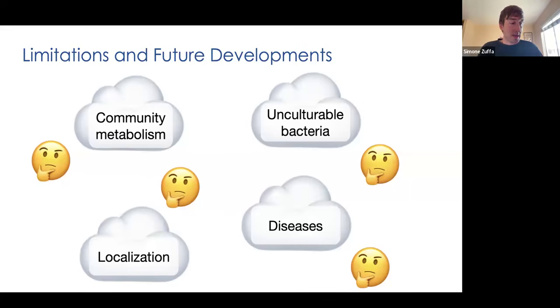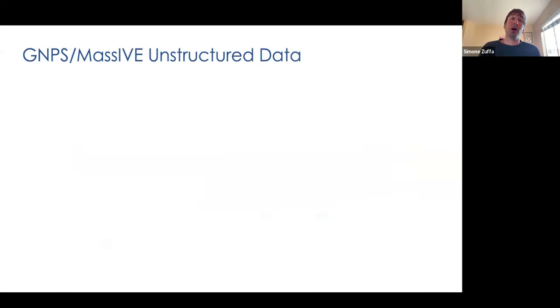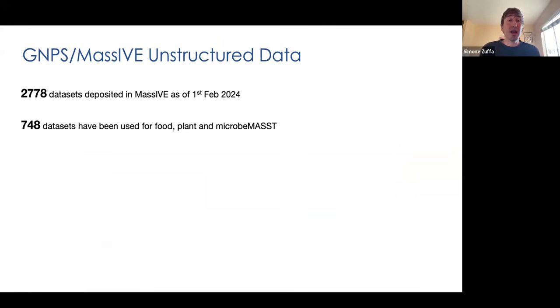So we are developing something new in the group, and we started interrogating all the unstructured data that we have in our repository. As I mentioned before, GNPS MassIVE is the repository that we use the most for our metabolomics studies, where we deposit all the data. At the moment, we have almost 3,000 datasets deposited in MassIVE, and only 800 of them are being used to generate the domain-specific MASST tools that I've described to you.